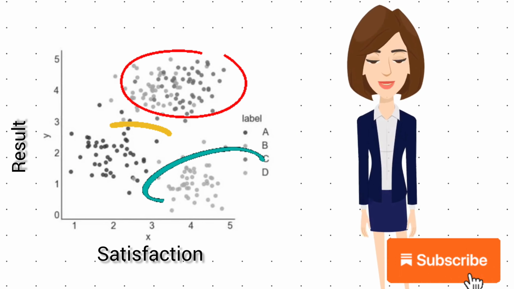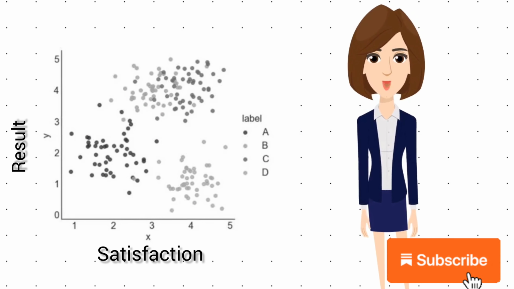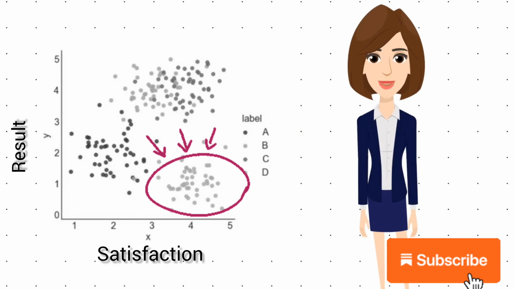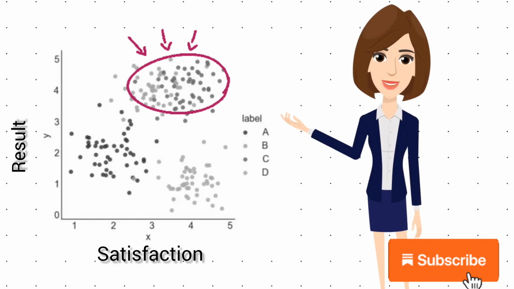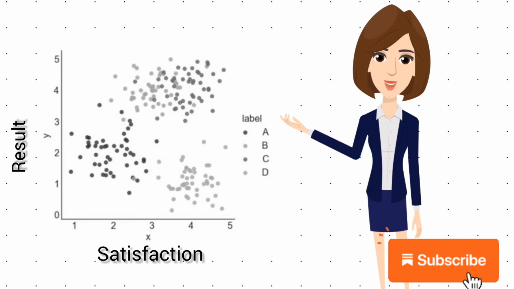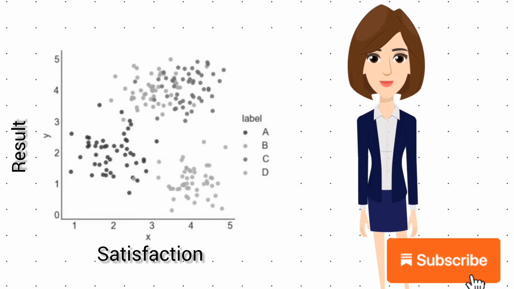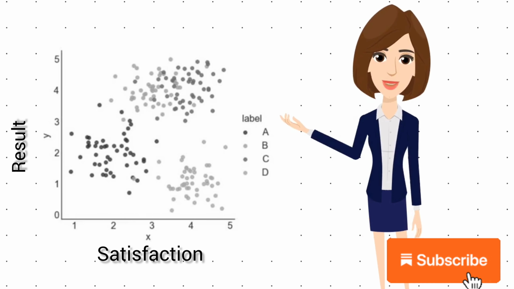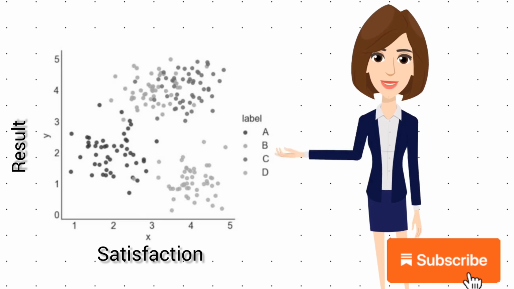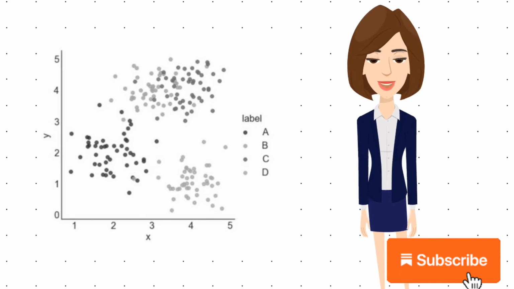But by just plotting the data, we got a mere visualization that a few students have low satisfaction and low result, whereas there are a few with high satisfaction and high result. There is no clear insight that we can get out of this data, right?